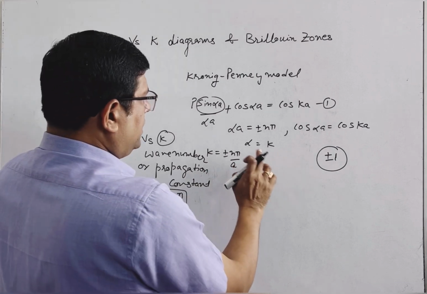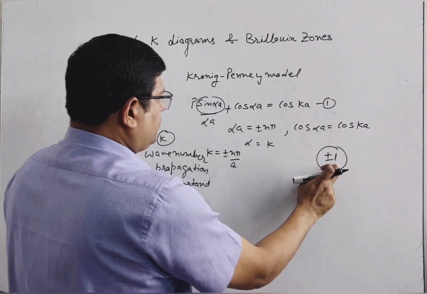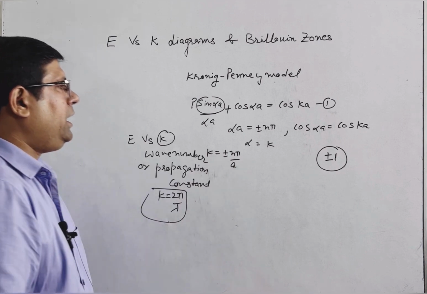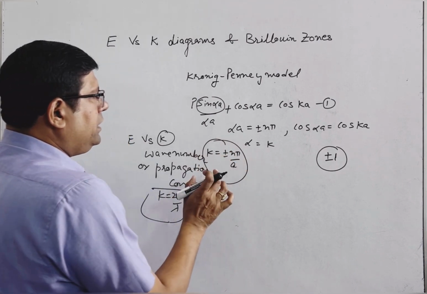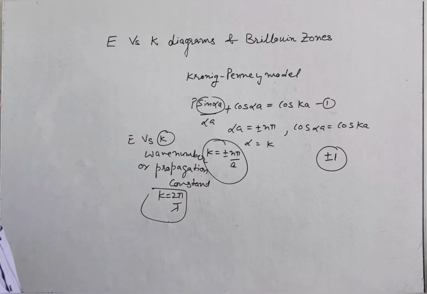So from this equation, the right hand side will take the value ±1 only if K = ±nπ/a. So this K will give the discontinuities in the E versus K diagram.